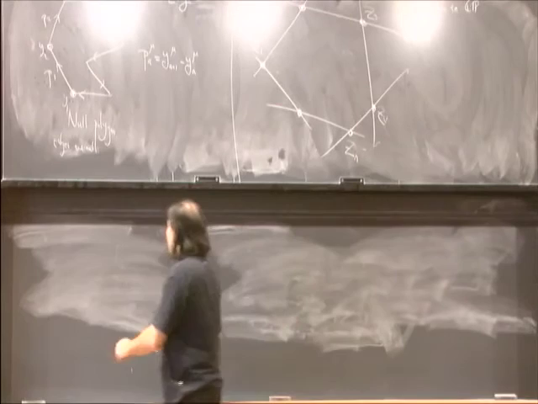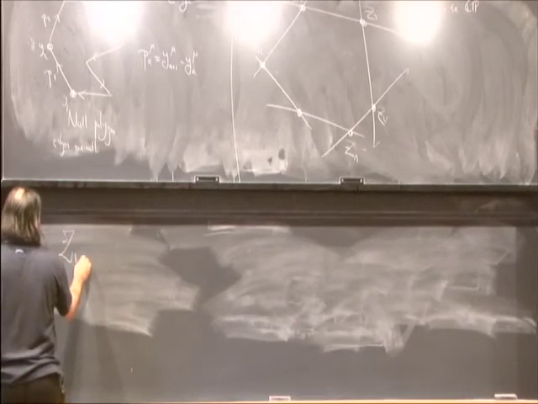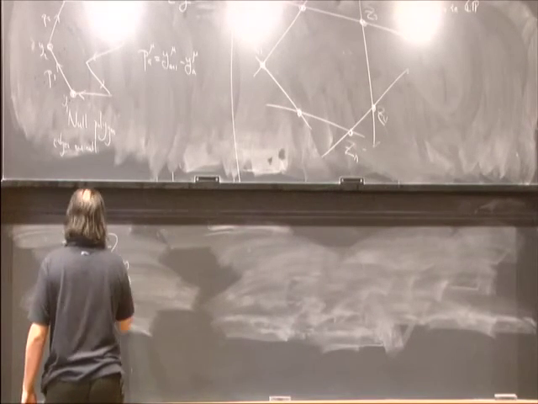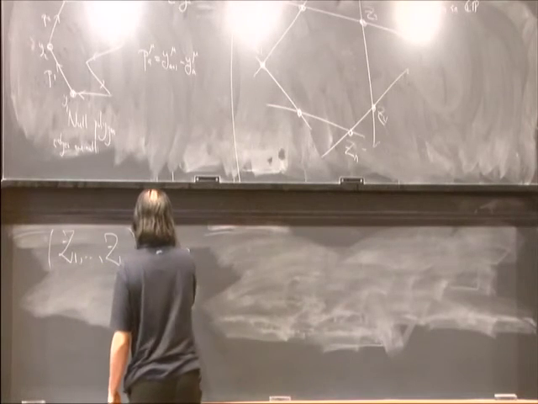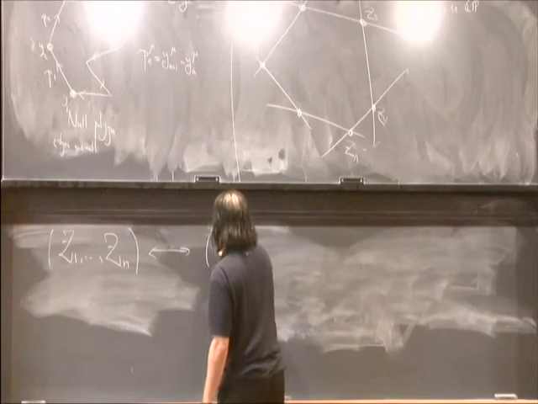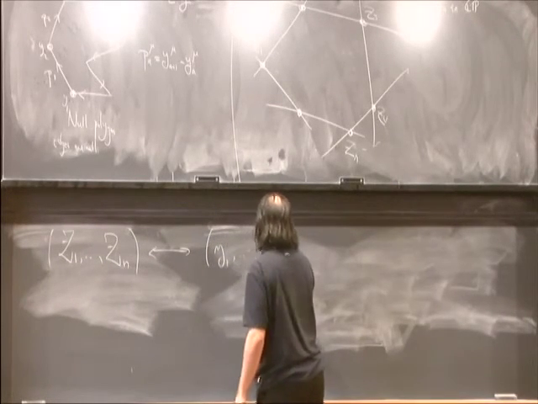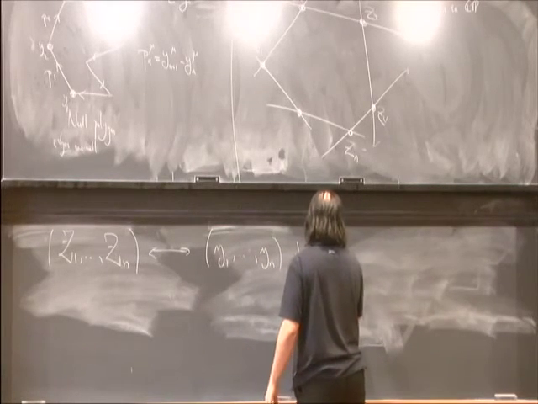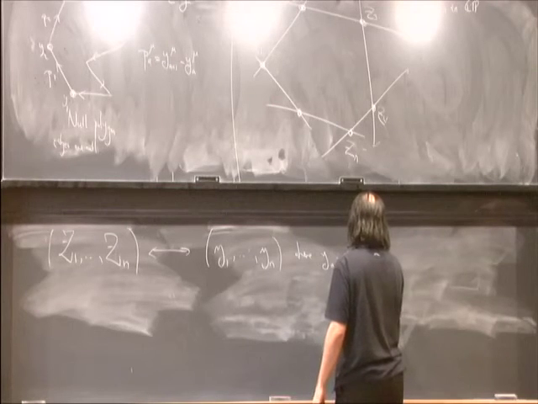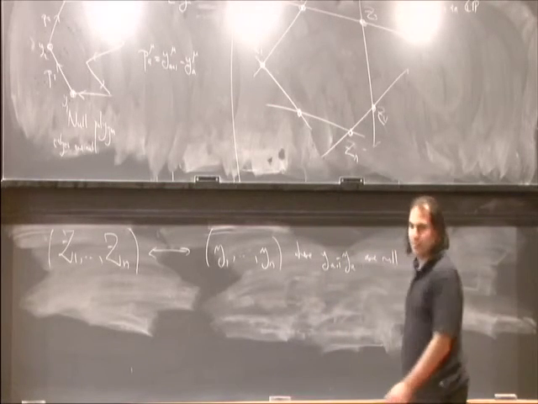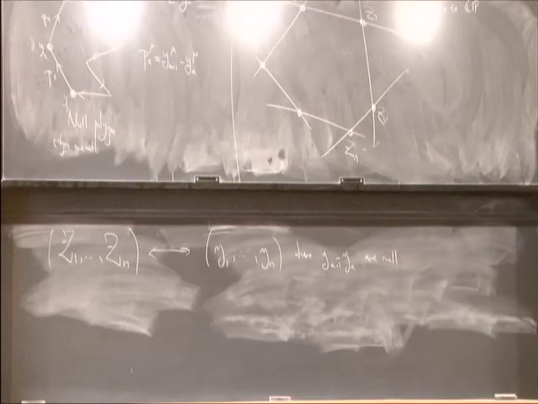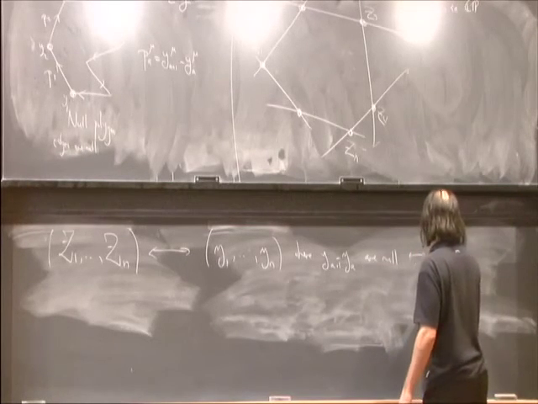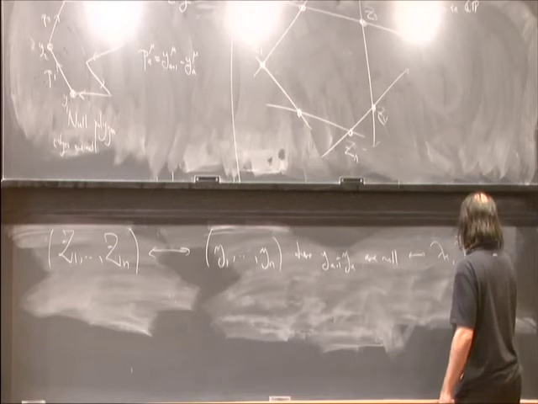If I specify a collection of z1 up to zn, from these I can reconstruct a bunch of y1 up to yn, where ya minus ya plus 1 minus ya are null. Okay? And from there I can then reconstruct a lambda and a lambda tilde.